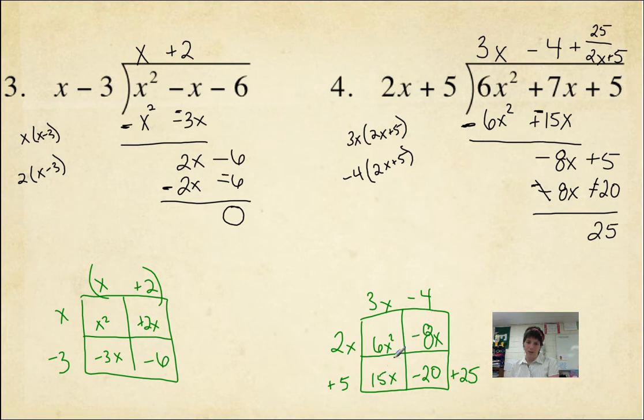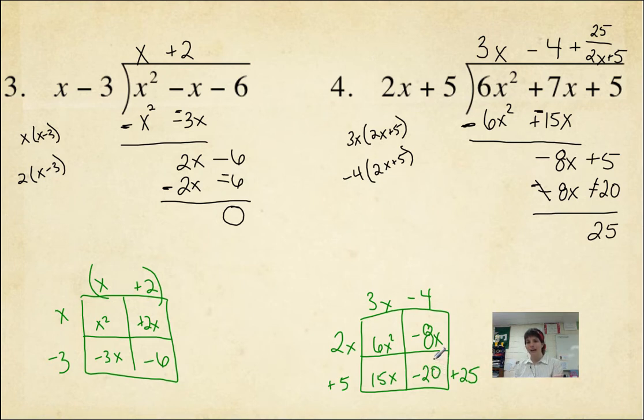Now my diagonal, my b got split, right? O and I for FOIL. So I need to split it again. What do I need so I get back to that 7x? I need a negative 8x. Then I start all over. 2x, what did I use to get negative 8x? Negative 4. Then I multiply. Negative 4 times positive 5 gave me negative 20.